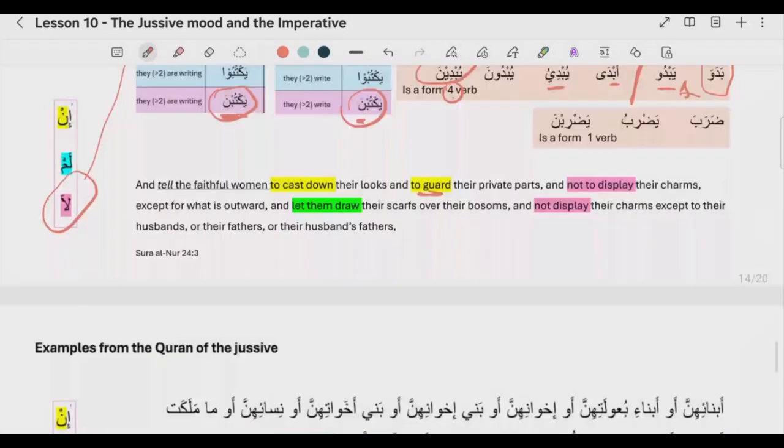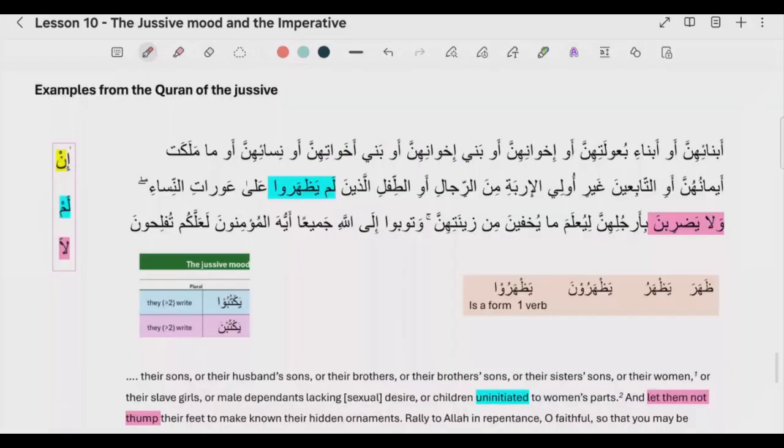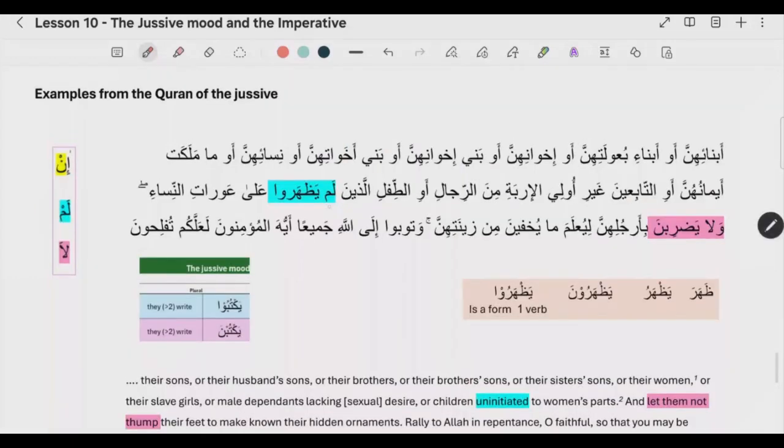Okay, and that ayah continues. The other part of it, lam yadharu. Here we have the lam coming in for yadharu, ala awratin nisa, or children uninitiated to women's private parts. So this is yadharu coming from zahara yadharu, a form one verb. If you look at the third person plural, the ya comes in with the una at the end.